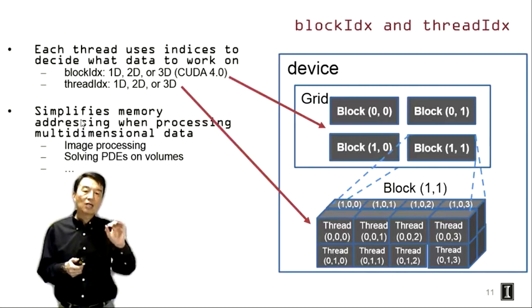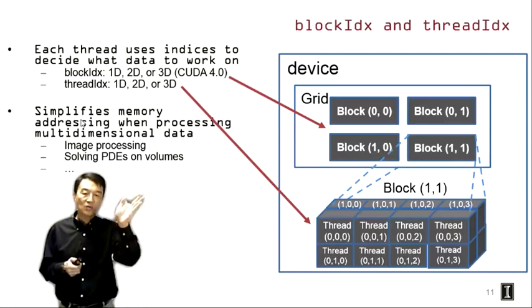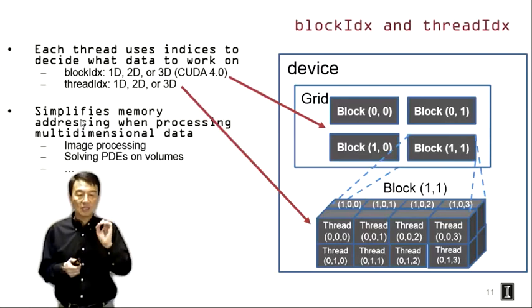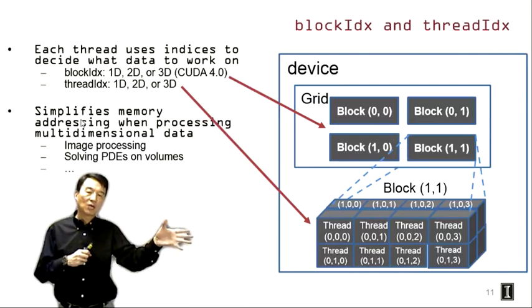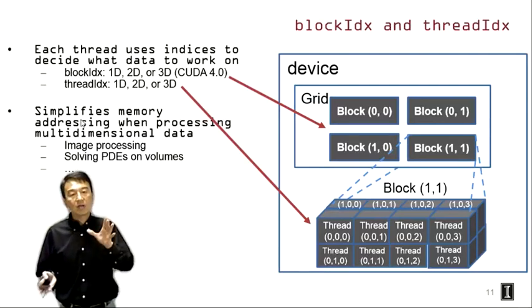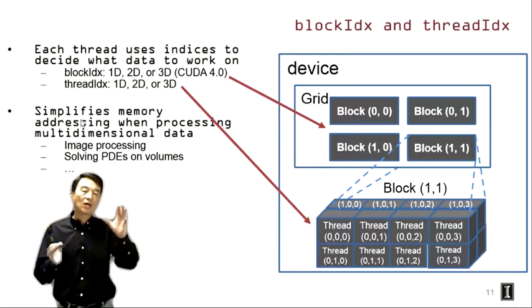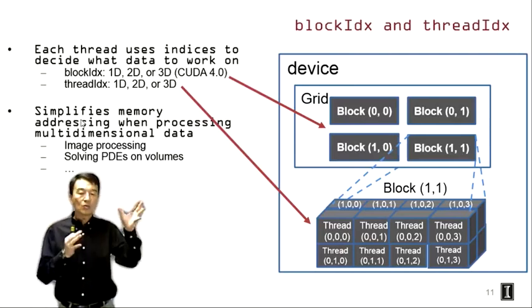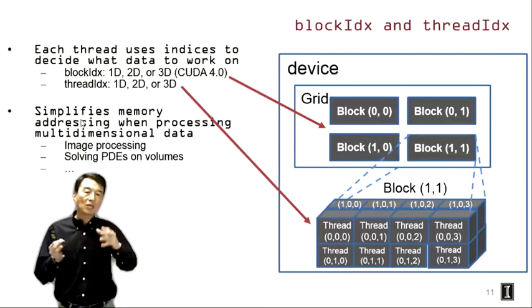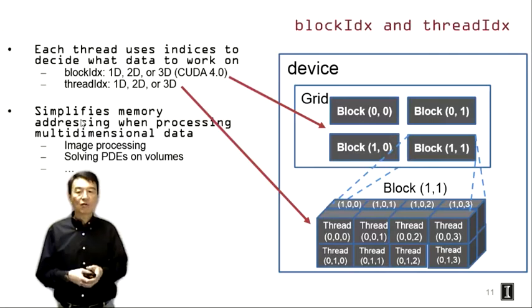The X ID varies from 0 to 3, the Y ID ranges from 0 to 1, and the Z ID ranges from 0 to 1. That gives us 16 possibilities. So as you can see, we can combine a two-dimensional grid organization with a three-dimensional block organization, or we can have other combinations. This all depends on the needs of your application.